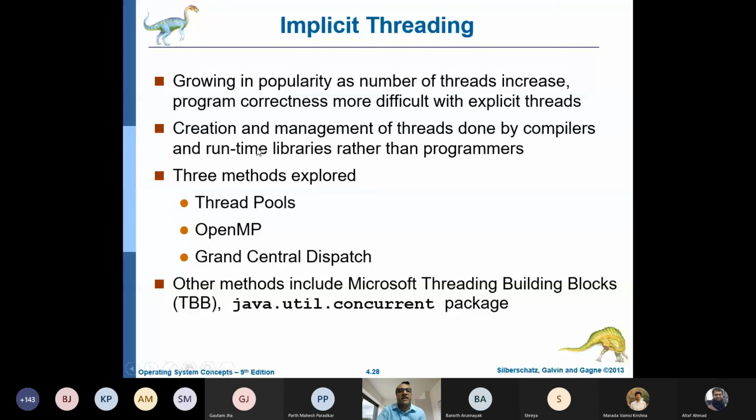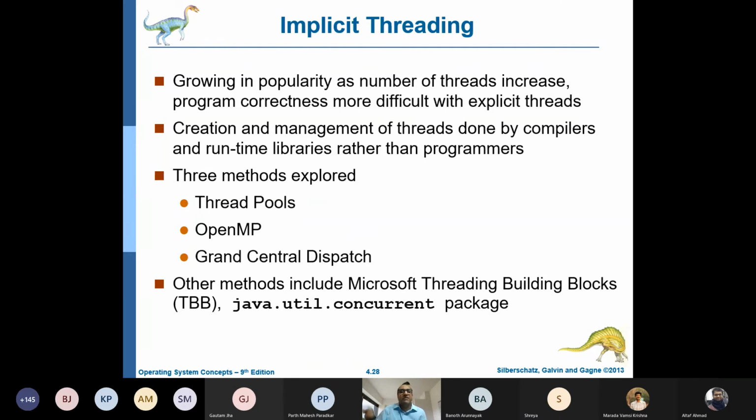Implicit threading means creation and management of threads is done by the compiler and the runtime libraries rather than the programmers. The programmers specify at a very broad level which blocks of code can be parallelized and where threads can be incorporated. At a higher level, they provide directives to the compiler.